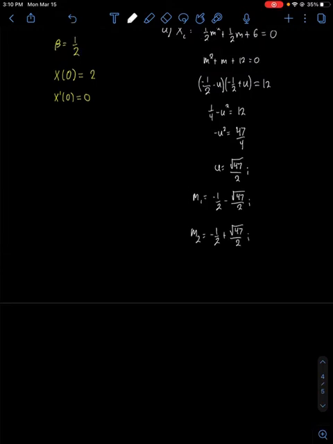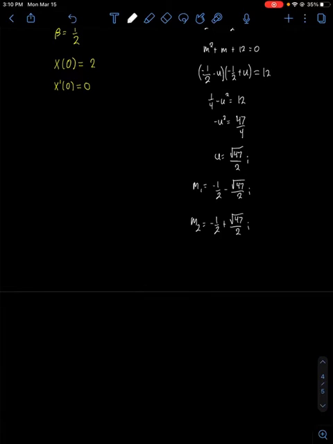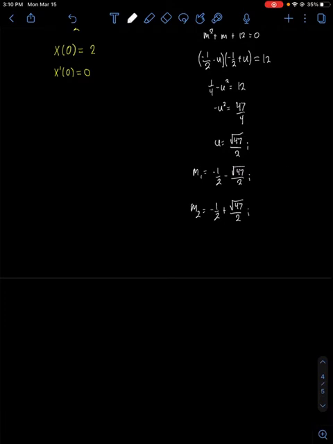Now this is the part where the beta is used twice, because whenever you learn about the auxiliary equation and then plugging it back into a general complementary function, alpha is this term right here, and beta is this term right here.